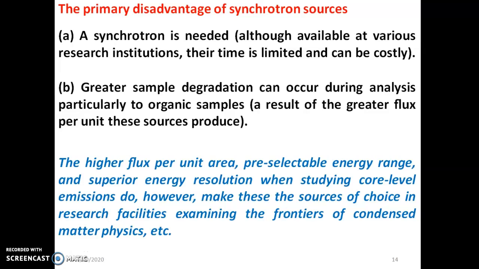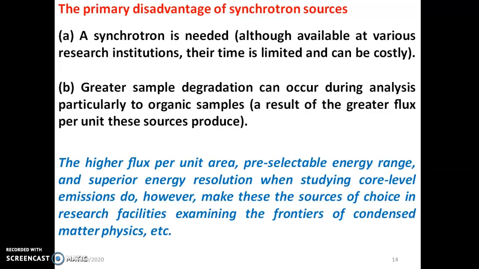But the higher flux per unit area, pre-selectable energy range, and superior energy resolution when studying core level emission do make these sources the choice in research facilities examining the frontier of condensed matter physics. So in that sense, the synchrotron source is more beneficial in XPS, and it will help to generate more accuracy in the XPS result.